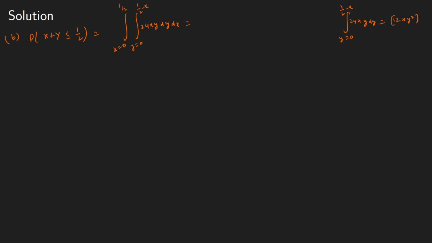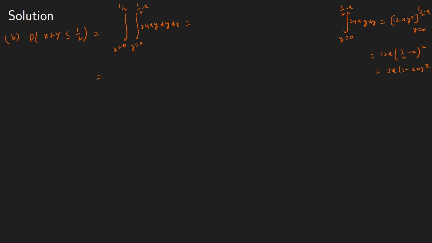from y equals 0 to half minus x. So it will be 12x (half minus x) squared, or 3x (1 minus 2x) squared.